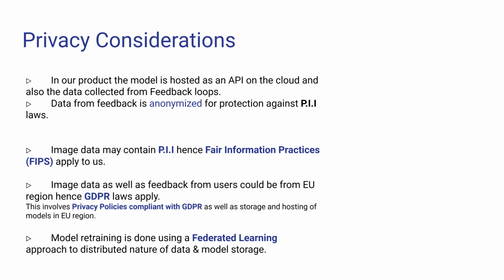Image data as well as the feedback from the users could be from different regions, could be from European regions. GDPR will obviously apply. The feedback will be anonymized, and it's pretty easy to anonymize since it's usually in the form of text or links. No other modalities, so that won't have any PII laws.